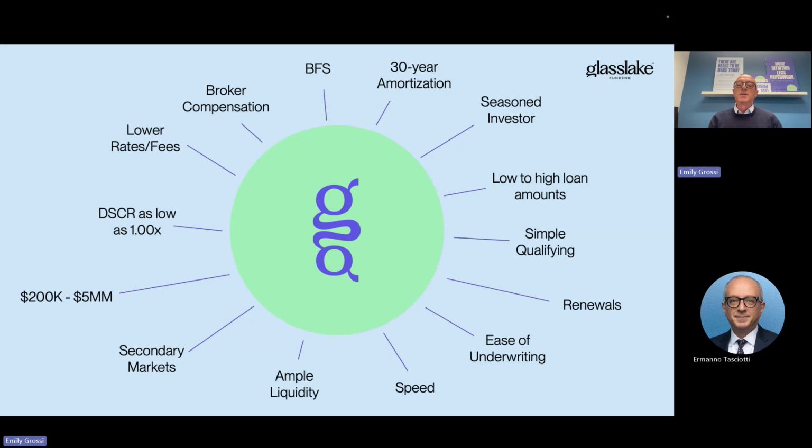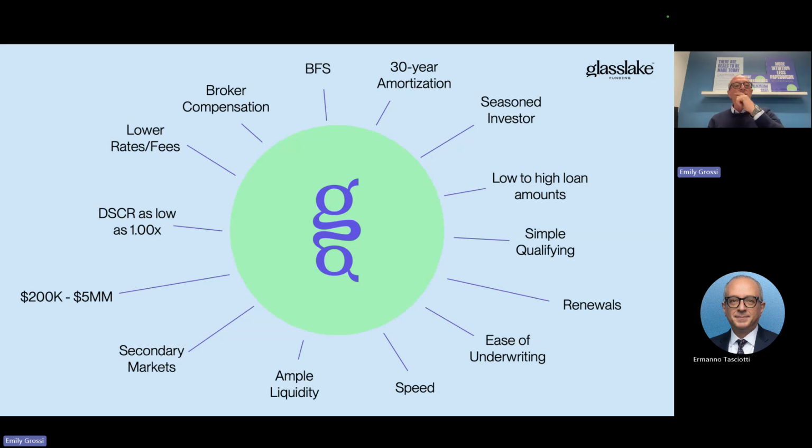Speed is very important to us, but if we need to dig a little bit deeper, we will. I always say speed is the second most important thing. Getting the deal done is the most important thing. We'll try to be fast if we can, but if we have to slow down a bit to make it work by asking some more questions, then definitely that's what we'll do.